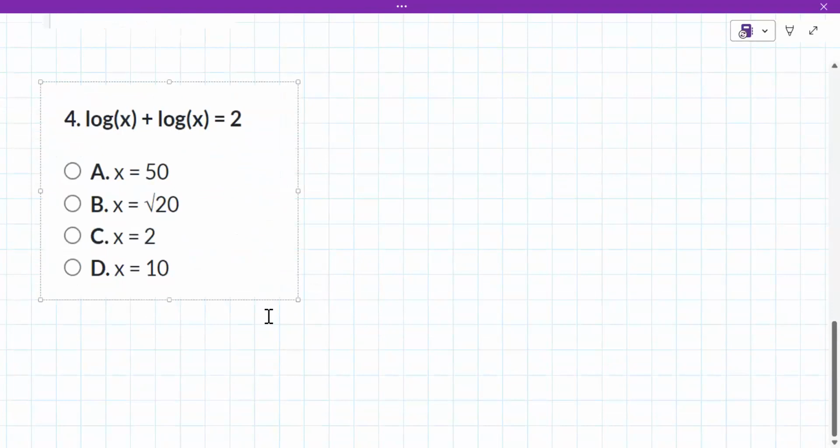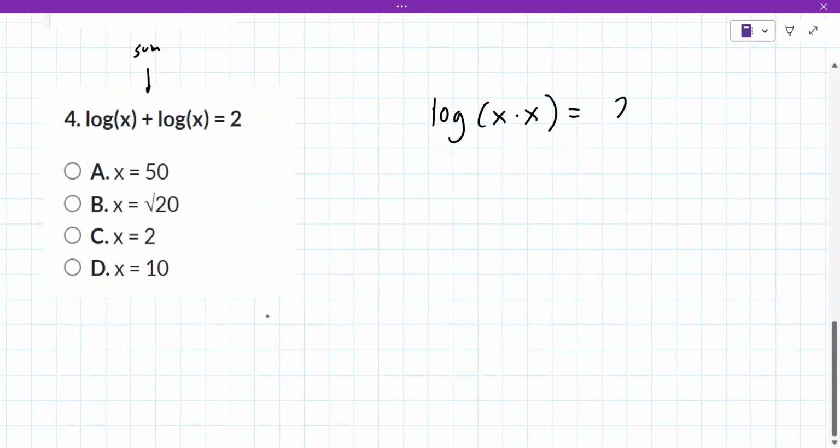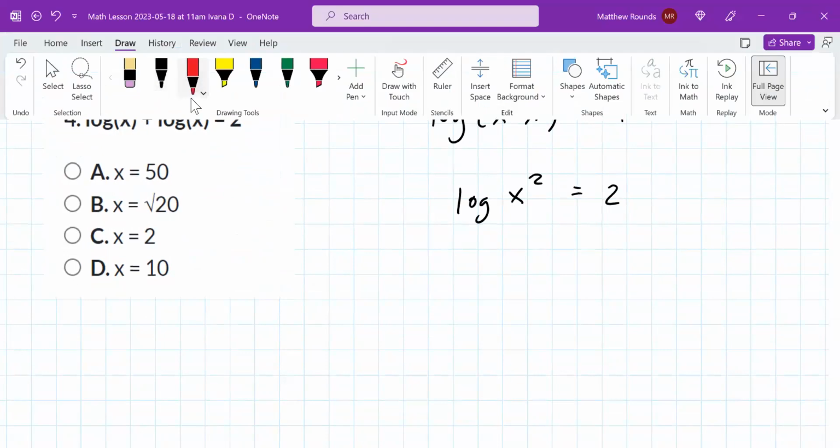Okay, log of x plus log of x. If you recall, when there's a sum, it becomes a product, x times x, or log x squared. And this equals 2. Now, this is kind of our first problem where there's a bit more to do.